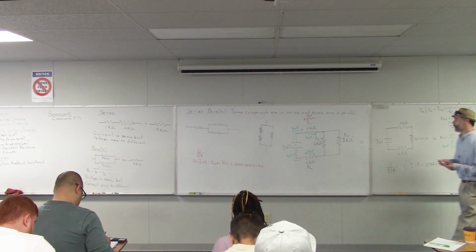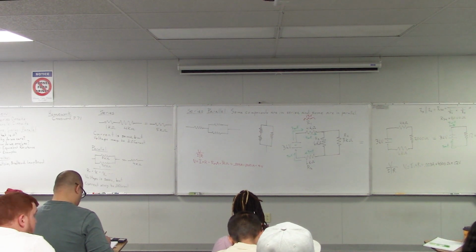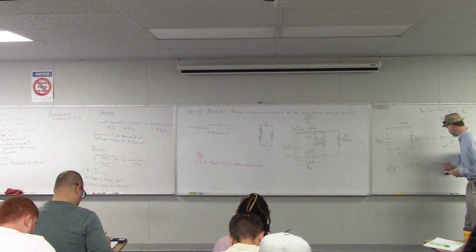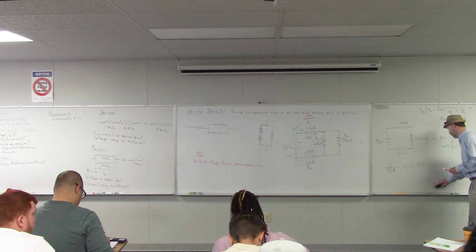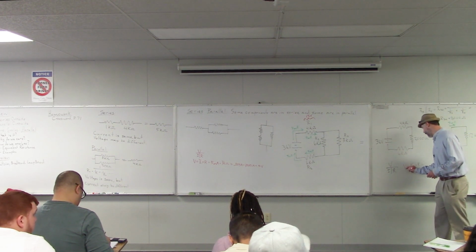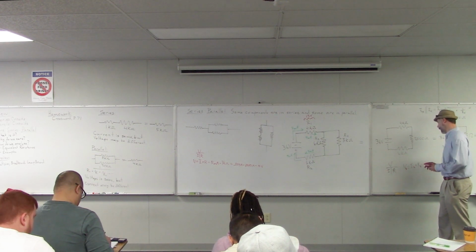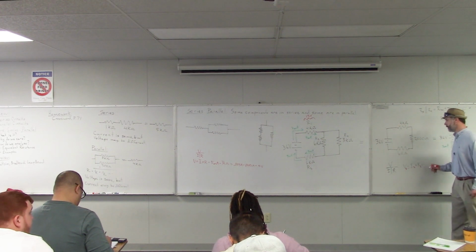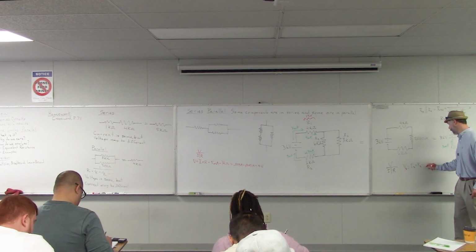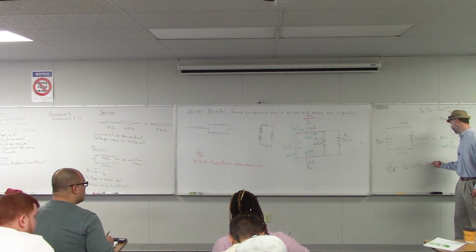And we can do the same sort of thing for R2. So we can say V2 is I2 times R2. So I2 is still 3 milliamps, so 0.003 amps.